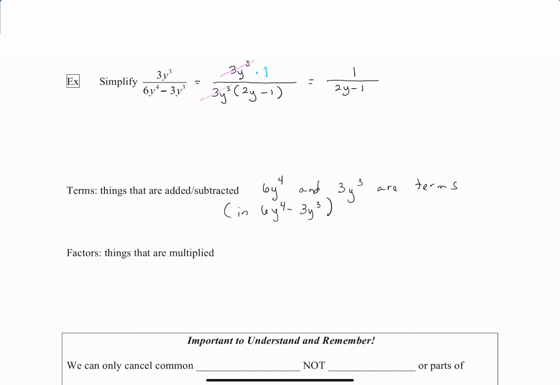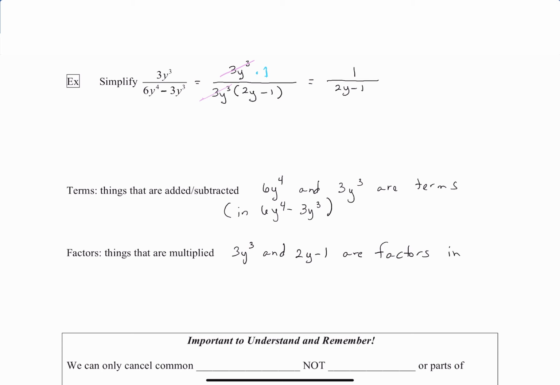It's important to know the difference between factors and terms because there are different things that we're allowed to do with them. Now, after we factored that denominator, 3y cubed and 2y minus 1 are factors. That's not the 3y cubed in the original denominator.